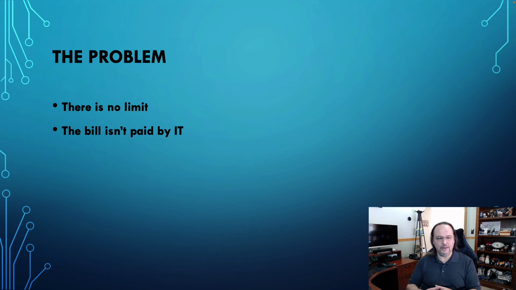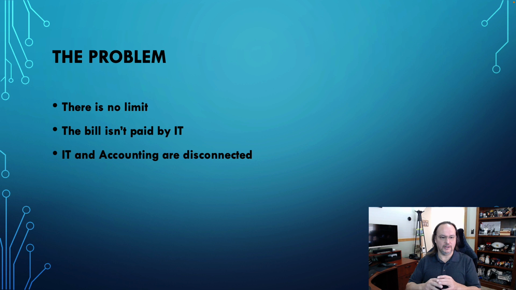Because one of the issues here is who pays the bill. IT is the consumer of it, DevOps is the consumer, but to put it bluntly, accounting's the one that pays the bill. This is a monthly charge that oftentimes an IT group might not see.